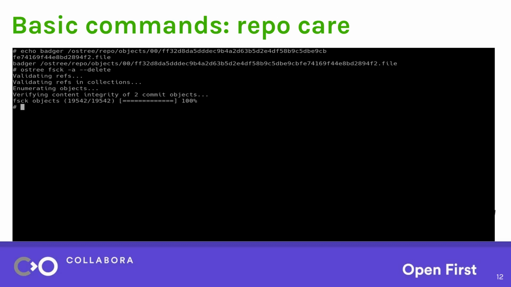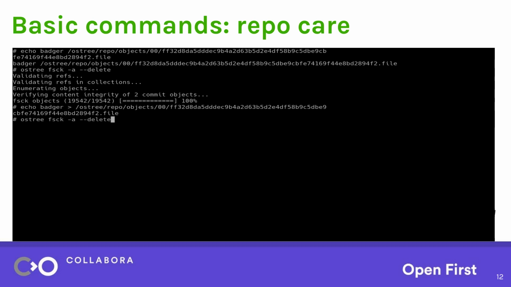For sure, on my fresh installation it shows nothing. It's okay. But now I will take some file, I do not know which file actually, and do something strange with it. I just emulate the problem in the repository.